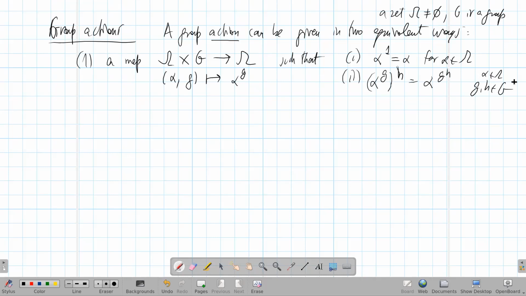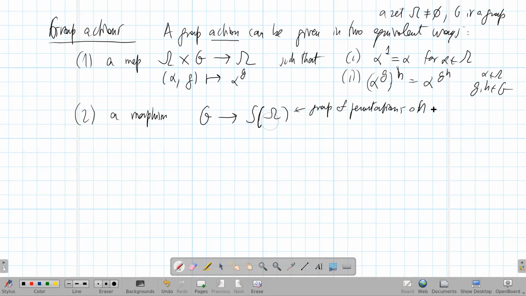And so this is a definition of an action, but an action can be given also as a group homomorphism from G to S omega, where this is the group of permutations, bijective maps on omega.